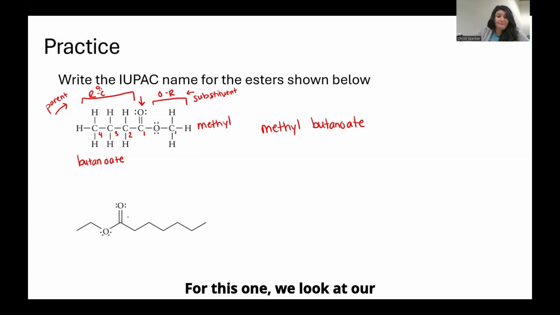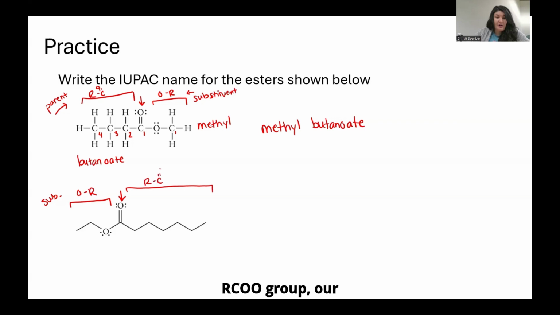For this one, we look at our carbonyl carbon. We see that this side is our OR group, so this is our substituent. On this side, we have our RCO group, so this is the parent. We're going to count our carbons.